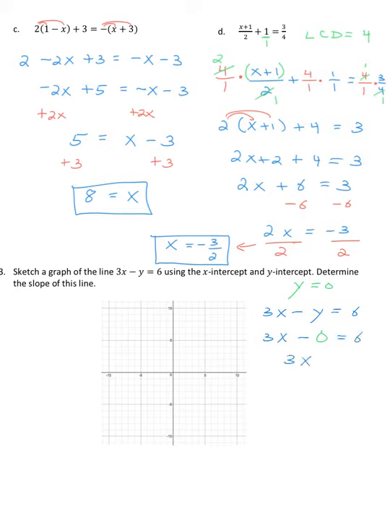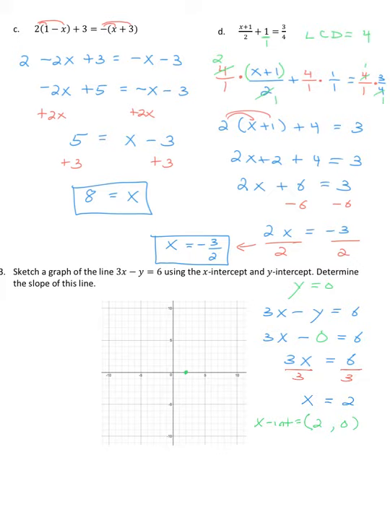This is a lot of writing because it makes the equation simplify very quickly to 3x is equal to 6. I'd actually be okay if you started right here. To solve for x, you're going to divide both sides by 3, and that gives you that x is equal to 2. This is the point 2 for x and 0 for y. That is my x-intercept, which is located right here.